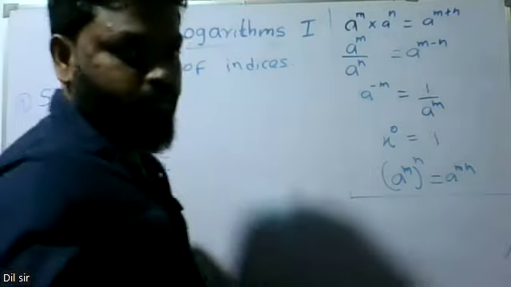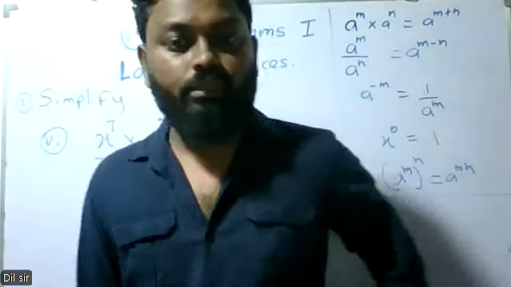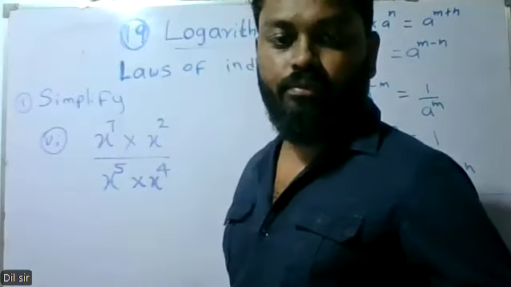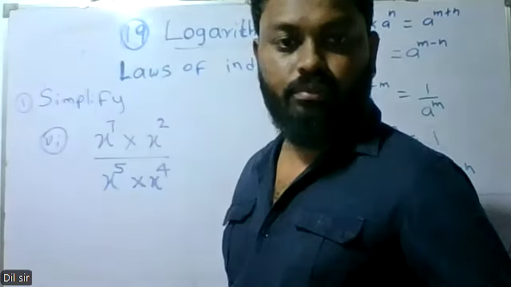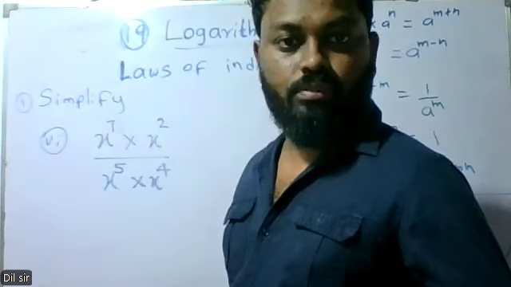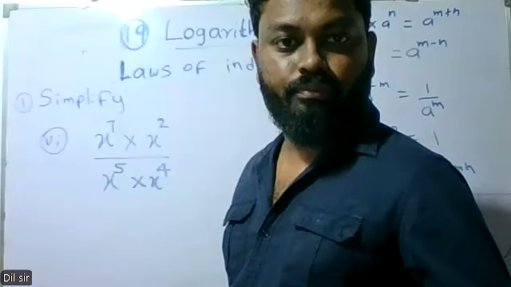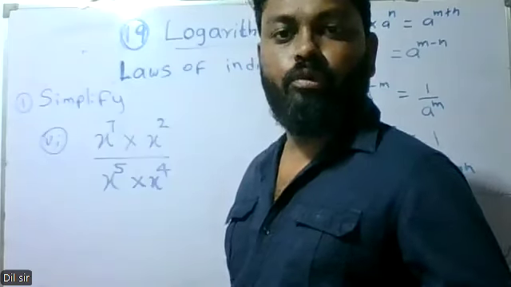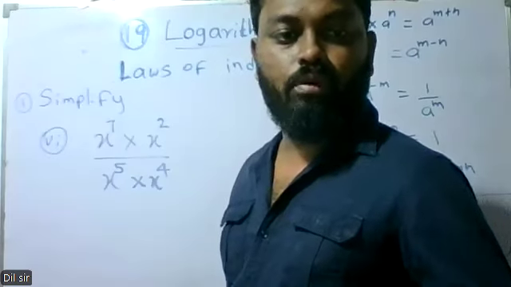What is the answer? Put the answer in the chat box. Still 14 members, right? 2 messages from Mihini and Ranara. Mihini, put your answer of this one in the chat box.